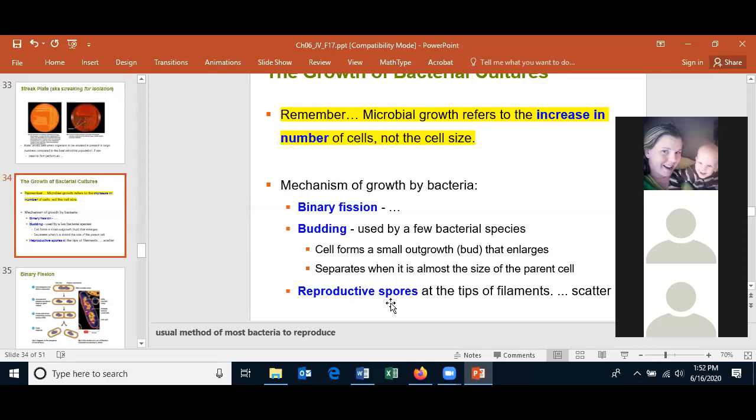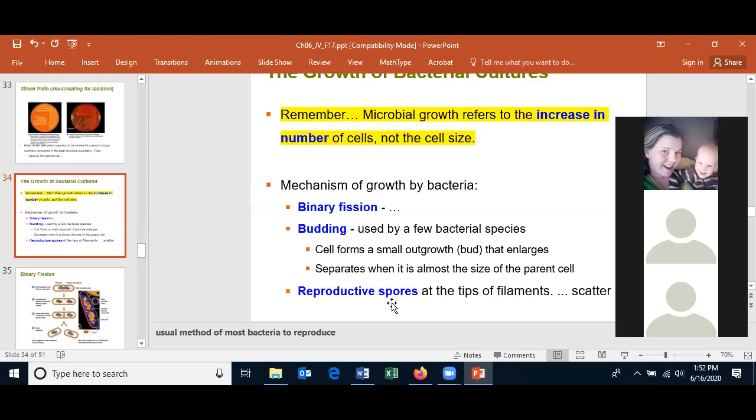So one cell once again divides into 2, but instead of doing it by binary fission, it divides by budding. And I know that's not terribly clear, and we'll show a picture of that.